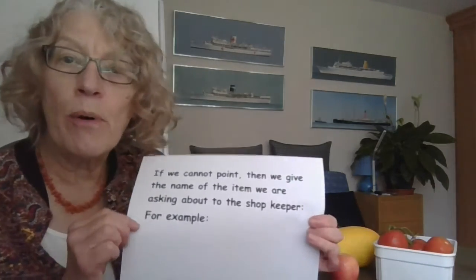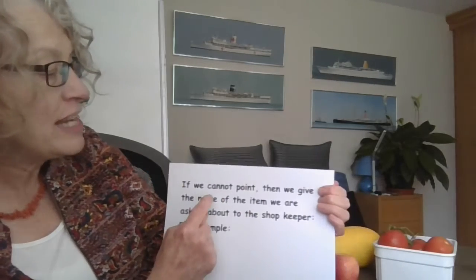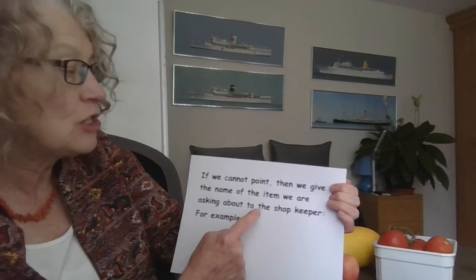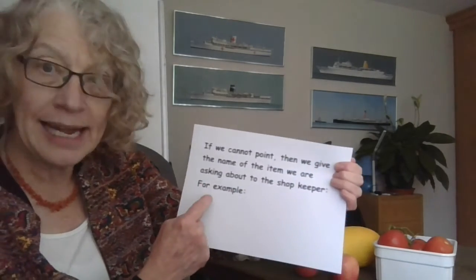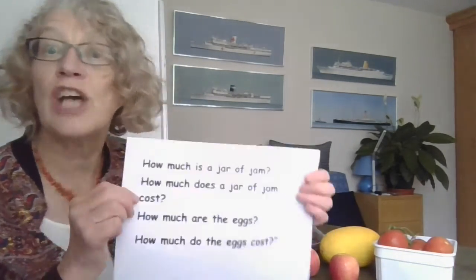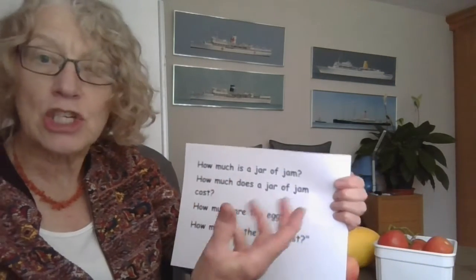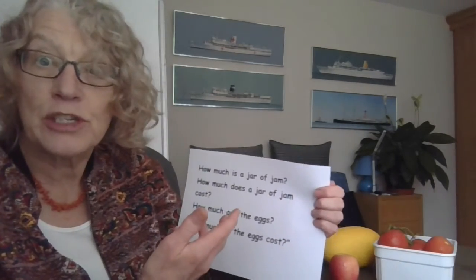And if we cannot point or lift something up, then we give the name of the item that we are asking about to the shopkeeper or to the market stall holder. And here are some examples. If it was a jar of jam, I haven't got a jar of jam, we might say, how much is a jar of jam? Don't have to point to it.